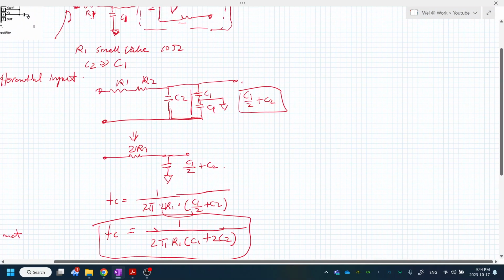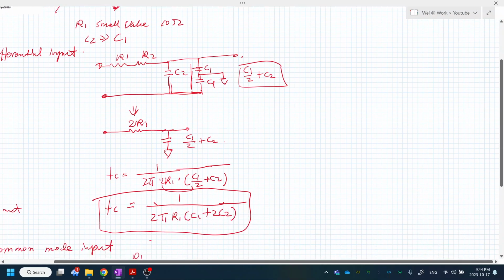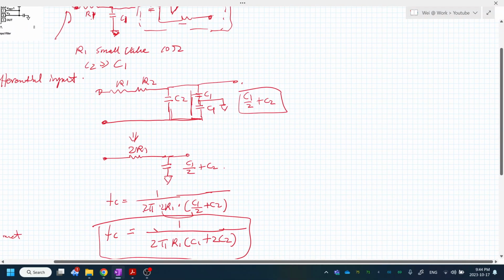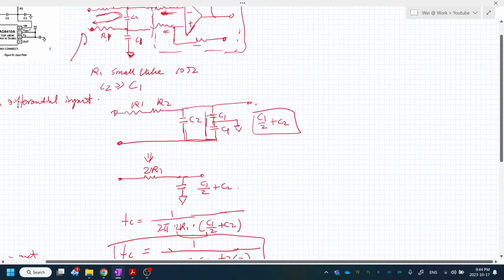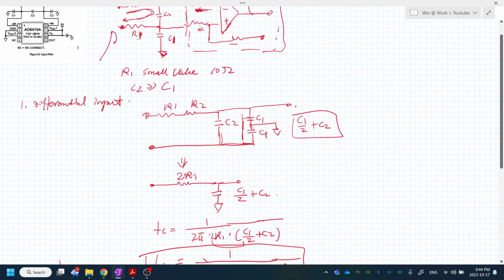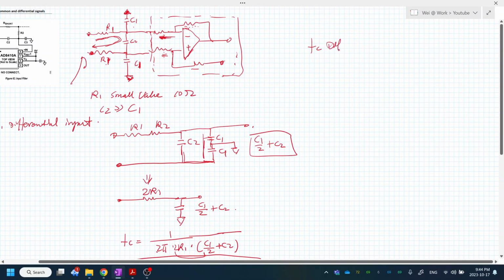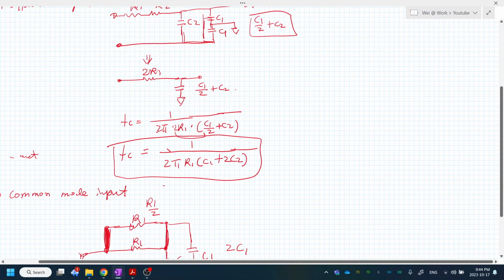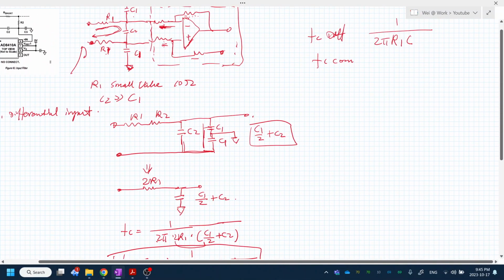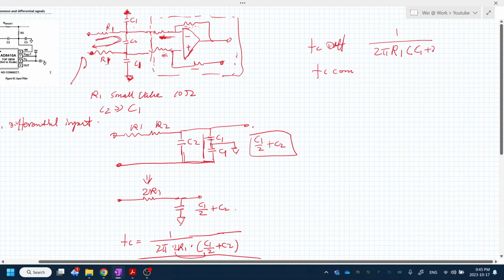Okay, let's put these two cutoff frequencies next to each other so we can see the real difference. We have FC differential equals 1 over 2 pi R1 times C1 plus 2C2, and FC common equals 1 over 2 pi R1 C1.